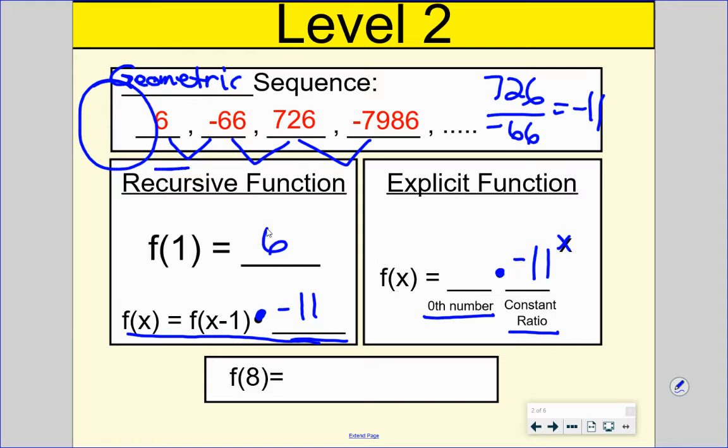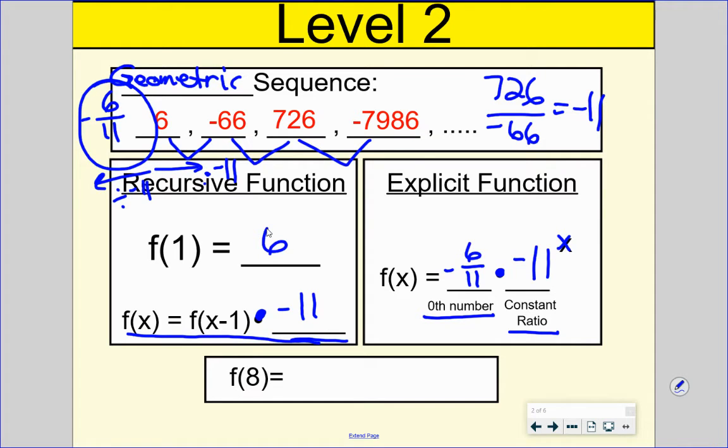If we are multiplying by negative 11 going this way, we need to divide by negative 11 to go backwards. So our 0th number is going to be negative 6 over 11, since we are dividing by a negative. So our 0th number is negative 6/11.